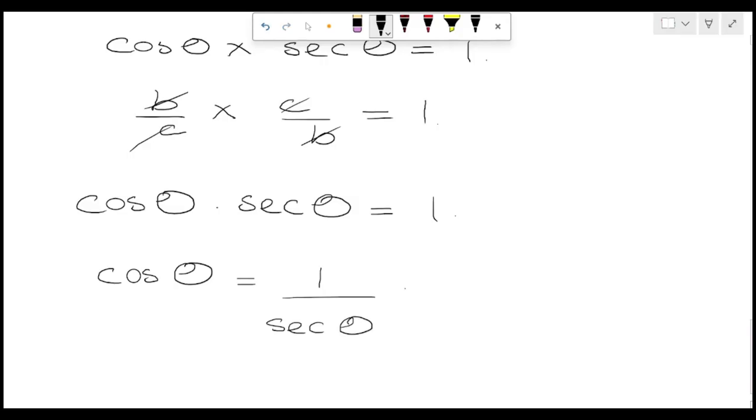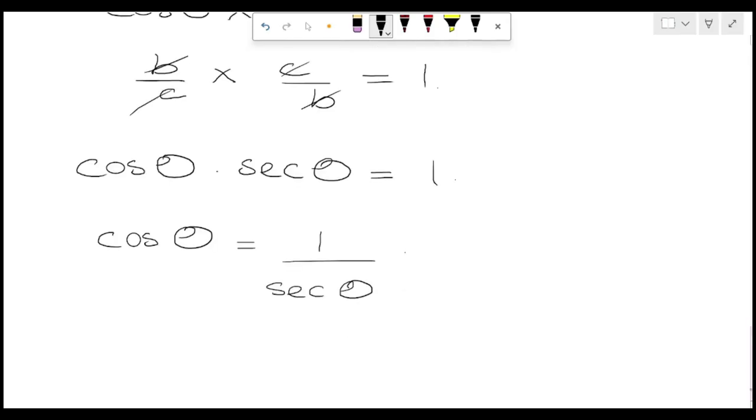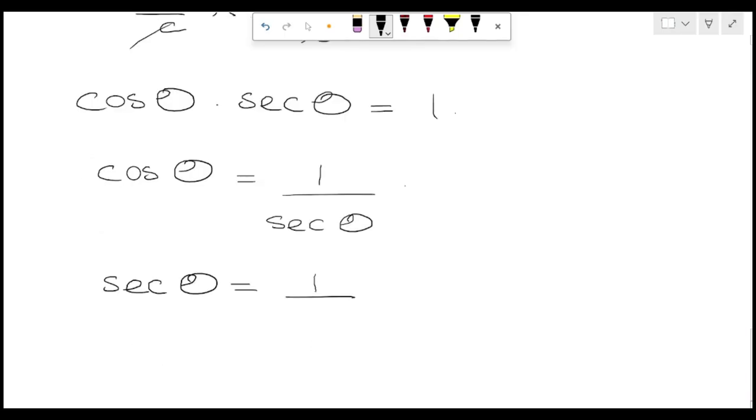It got cancelled on the left hand side and on the right hand side it is 1 over sec theta. Now cos theta is equal to 1 over sec theta. This can also be written as sec theta is equal to 1 over cos theta. This is also exactly the same.